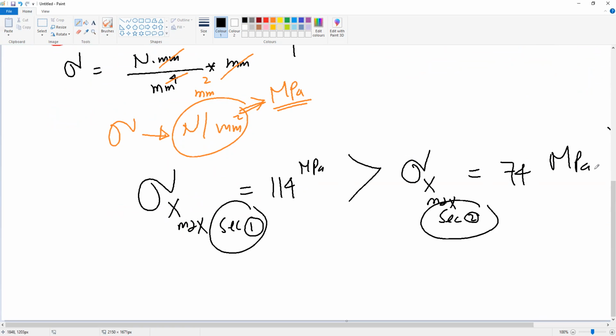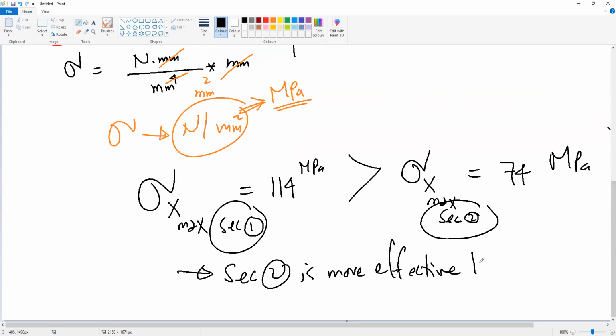So which one is more effective? We already got it from the inertia, but now again from stress. It is better for the section to have less stresses, because less stresses mean it is safe. If you have large stresses, this means maybe exceeding the material limit and it will fail. So section 2 again is more effective than section 1.